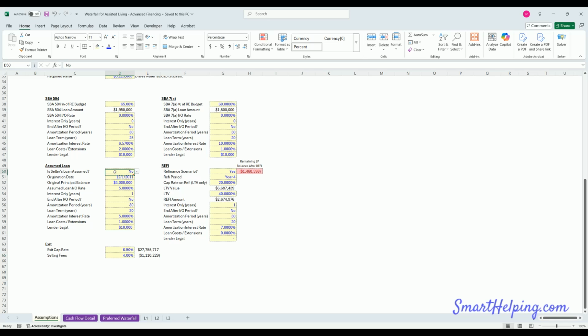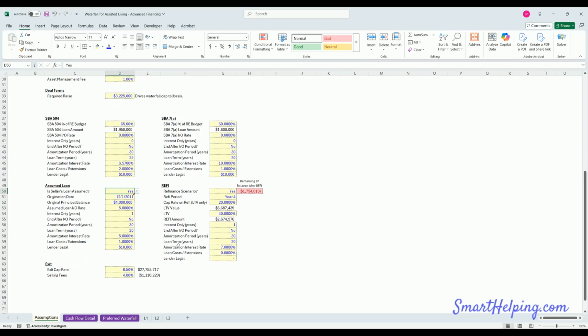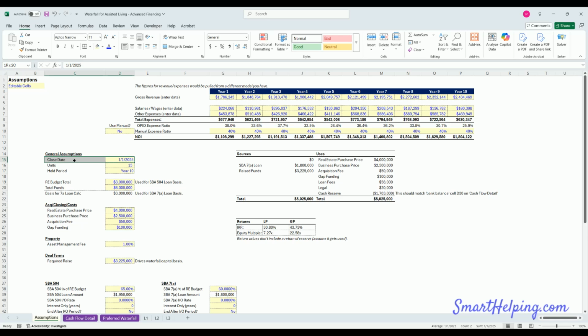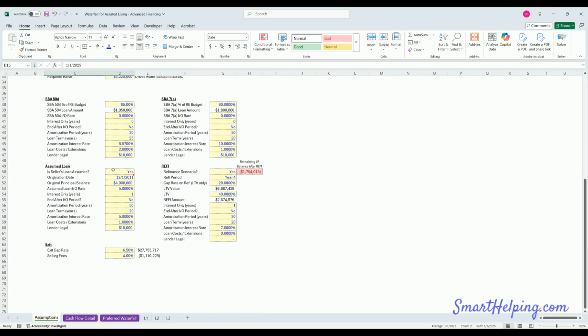Now if you are going to assume the loan, you can put yes here. And what the model is doing then is modeling this entire loan from the origination date relative to this close date, so we know where we actually are in the repayment of this loan on the correct month.